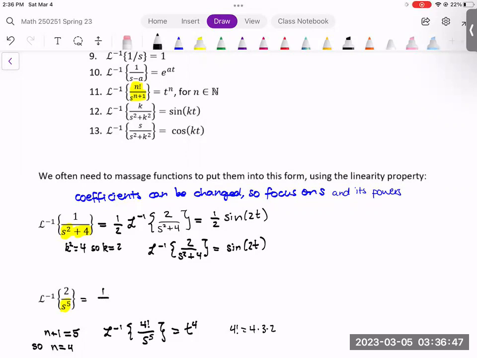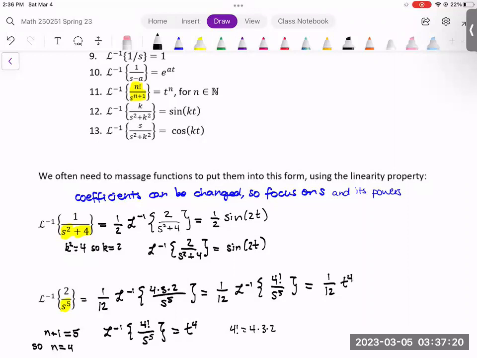So this is going to be 1/12 inverse Laplace transform of 4 factorial over s to the 5th, which was equal to t to the 4th.